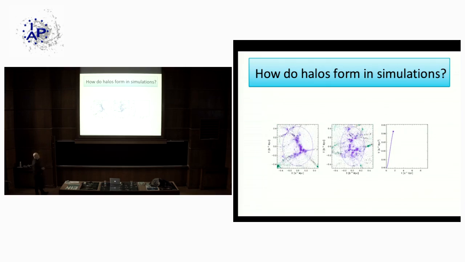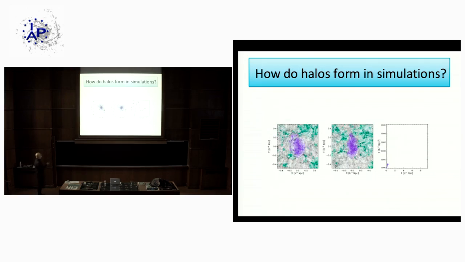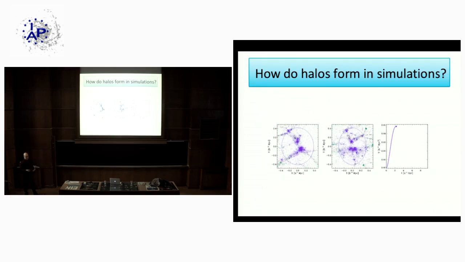So what we did here, we computed the inertia tensor of all the particles that form a halo, and computed its principal axes and so on. What you see here as ellipses are the projections of the inertia tensor of these particles, which are painted purple. We use this as a proxy for what an analytical model would describe as halo formation.